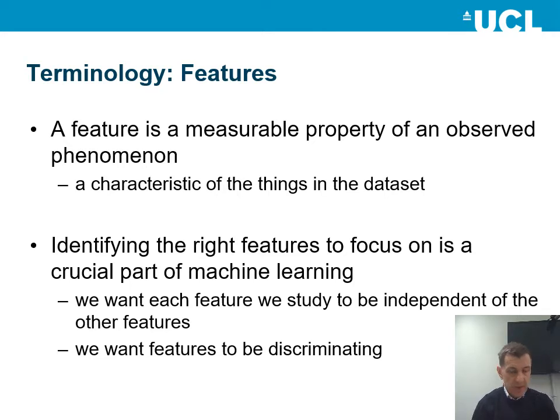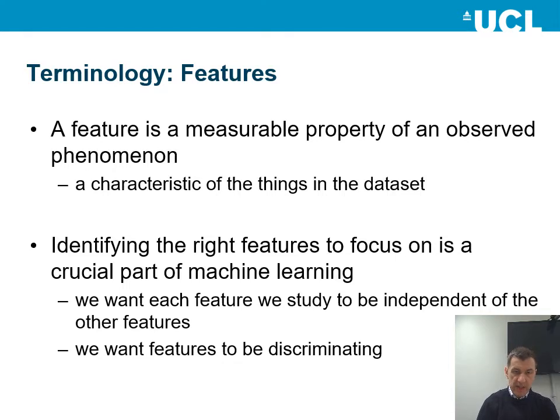And if we're not dealing with patients, but we're dealing with hospitals, then obviously the features would be different. If we were dealing with some other thing that we might want to apply machine learning to, we would have a different feature set. But it's really, really crucial to get the feature set right if we're going to do successful machine learning.